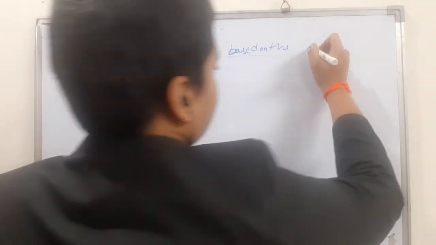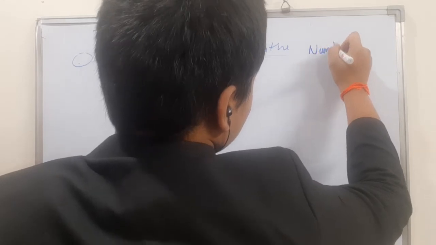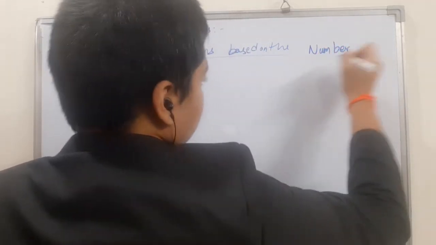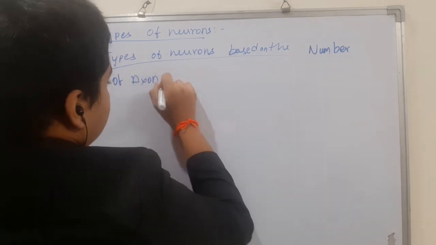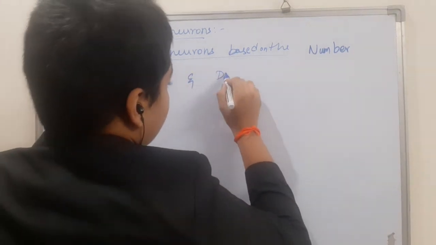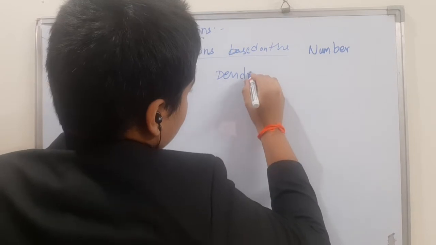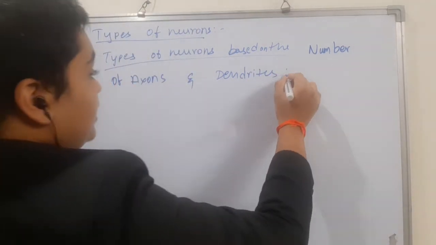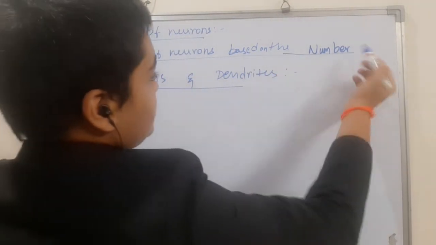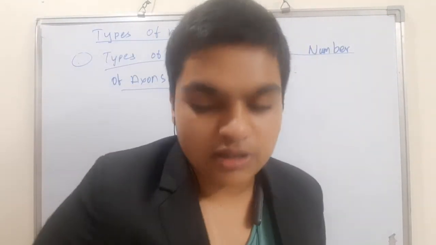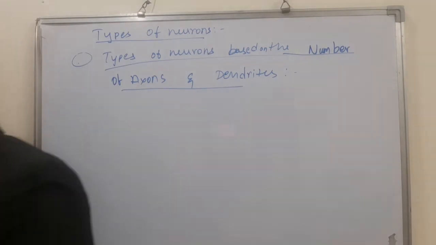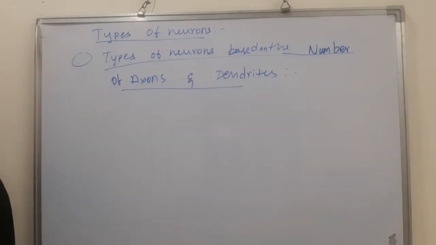Write the side heading: types of neurons based on the number of axons and dendrites. We generally write based on the number of axons and dendrites, but there is only one axon throughout the classification, and only the dendrite count changes.